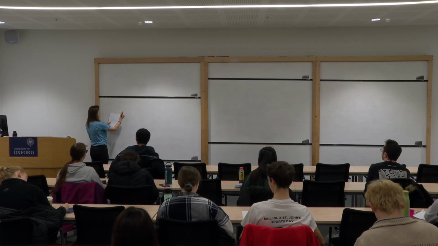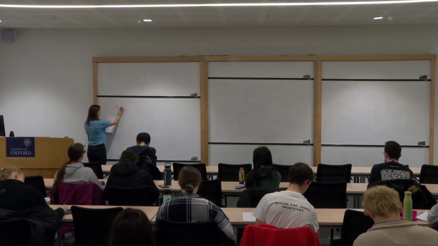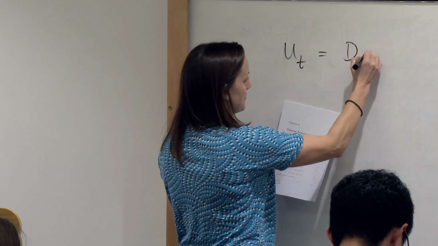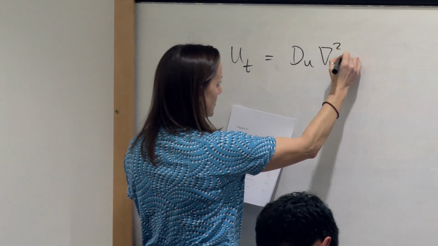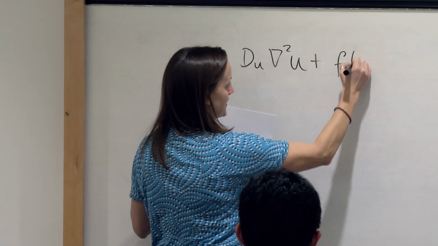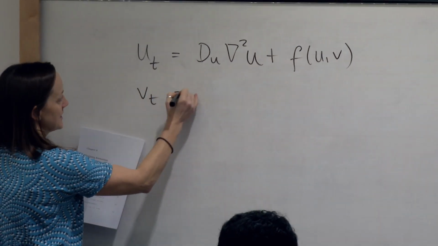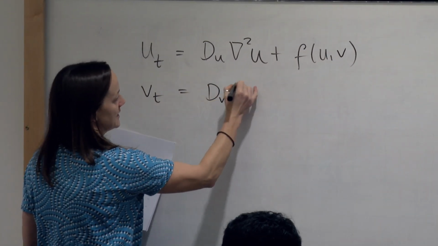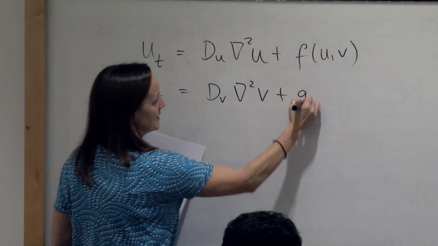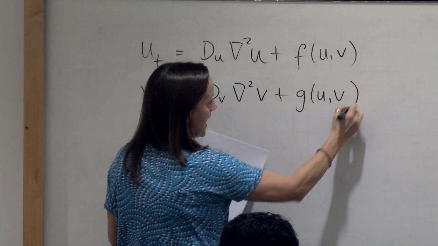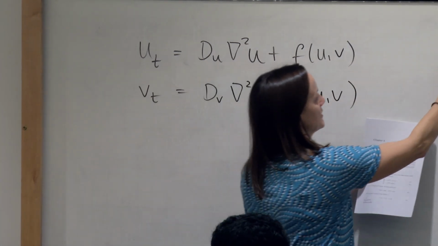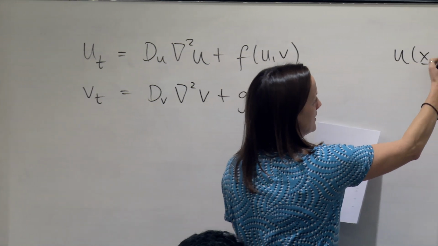Okay, so we're thinking about diffusion-driven instability models. And so our basic model is something like this, and VT correspondingly. And we have some suitably chosen initial conditions.